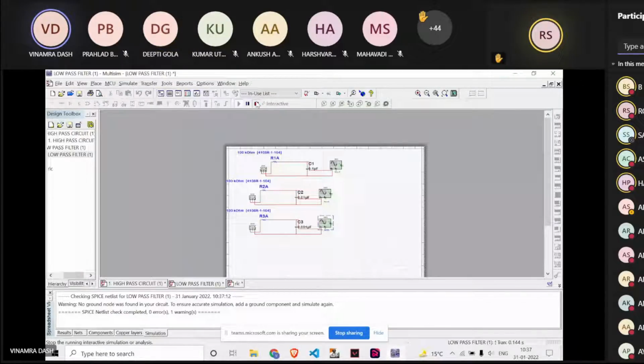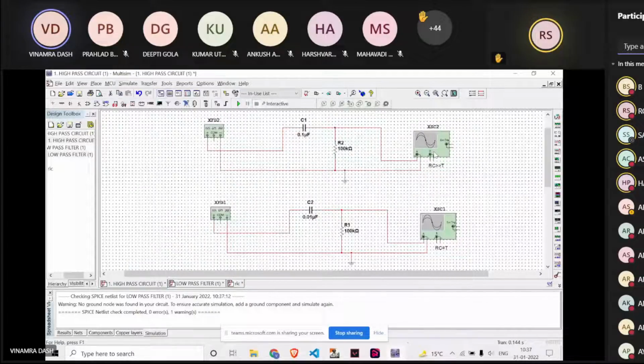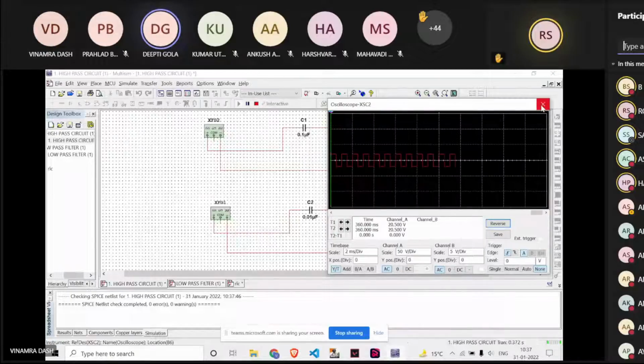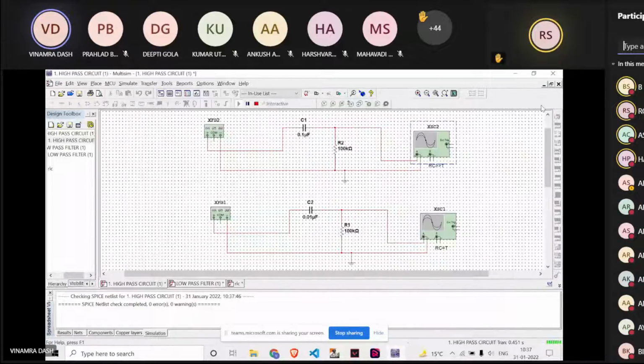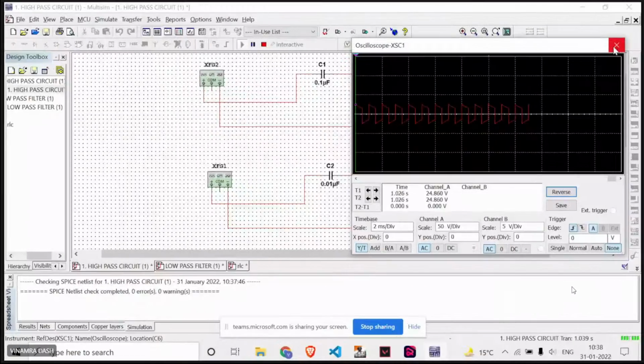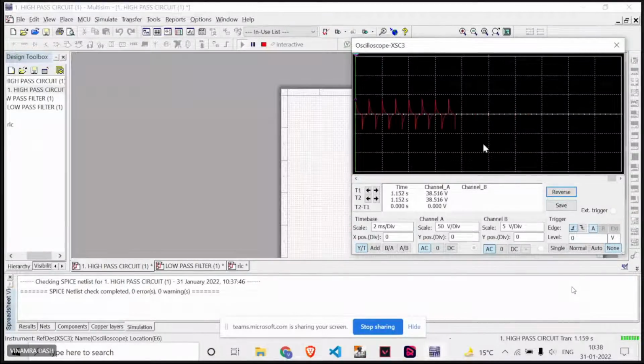So this one is for RC much greater than T. This is for RC equal to T. And this one is for RC much less than T. All right.